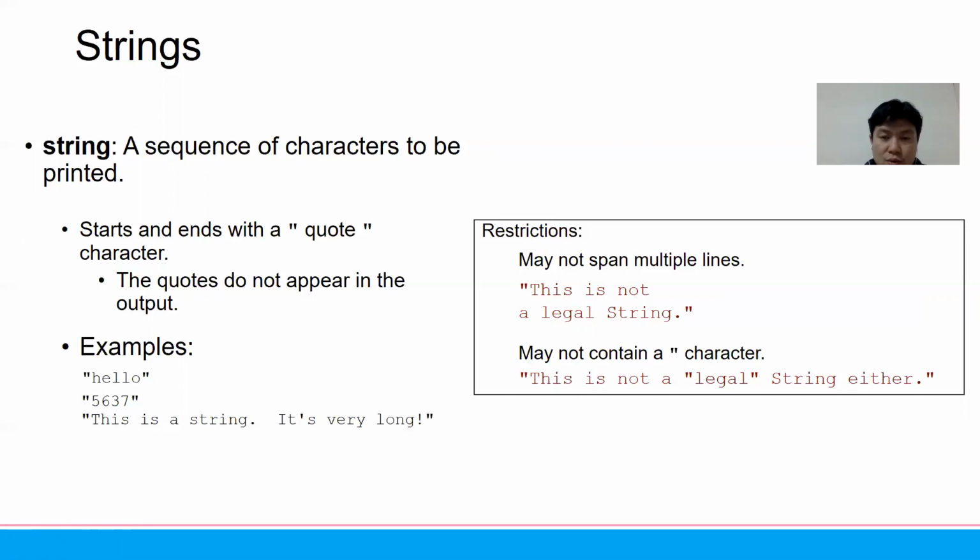Or if you have another double quote in between your text, this is not a legal string either. Those double quotes are not understandable for Java. So you need to understand those restrictions before you make strings in Java.